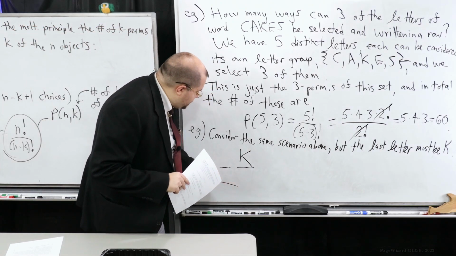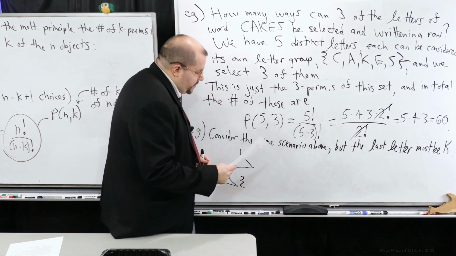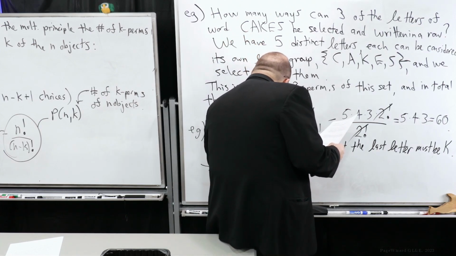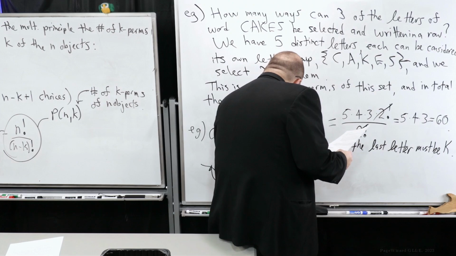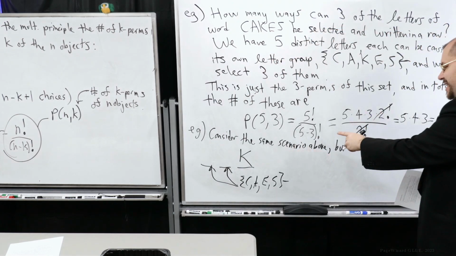Which letters though? Because K is already being used, I'm choosing from this set. I get to pick C, A, E, or S. Notice K isn't there.